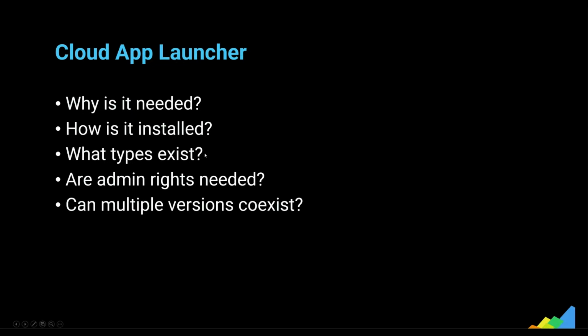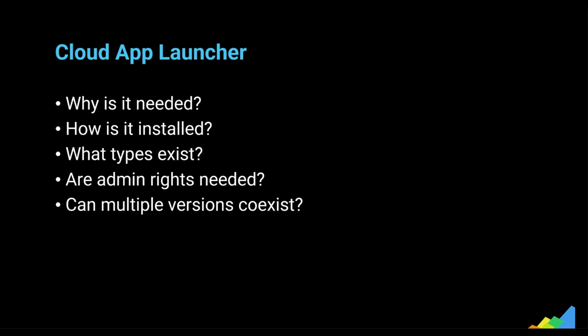The standard version requires no admin rights to install and use, whereas the public version requires admin right to install. So it's mostly for sysadmin that wants to push the Cloud App Launcher through, for example, domain policy, domain group policy. But after that, it can be used by all users without admin rights.